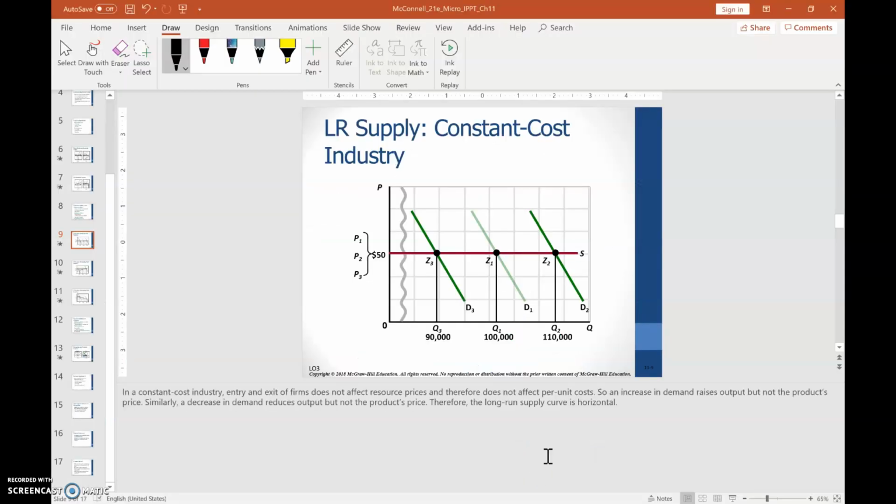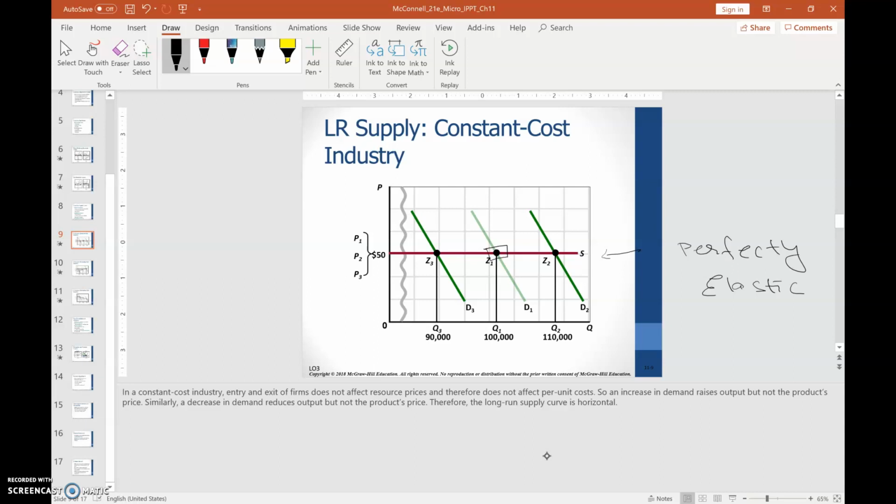So taking a look at this constant cost industry here, I have this as the supply curve, which is horizontal or perfectly elastic. I have three price quantity combinations. Initially, my equilibrium point is Z1 when the supply curve is intersecting demand curve D1.